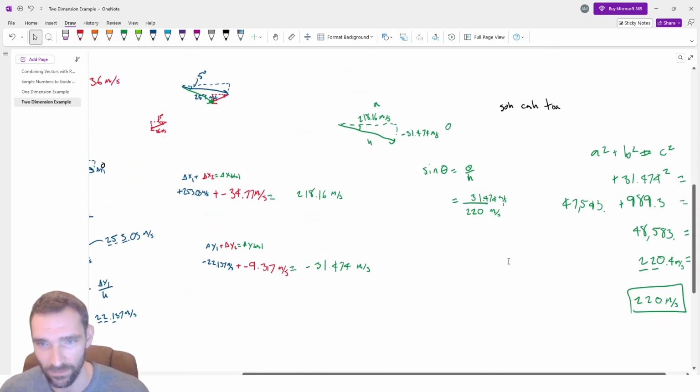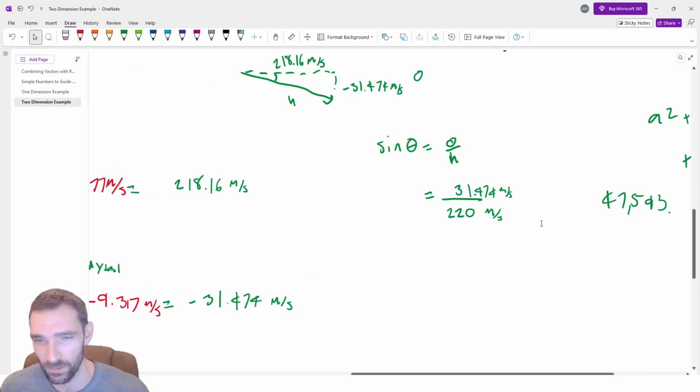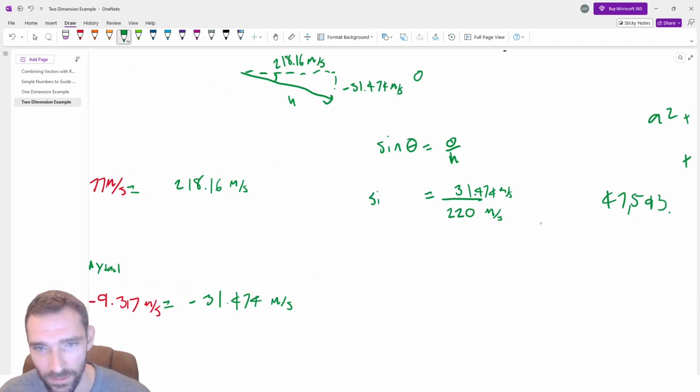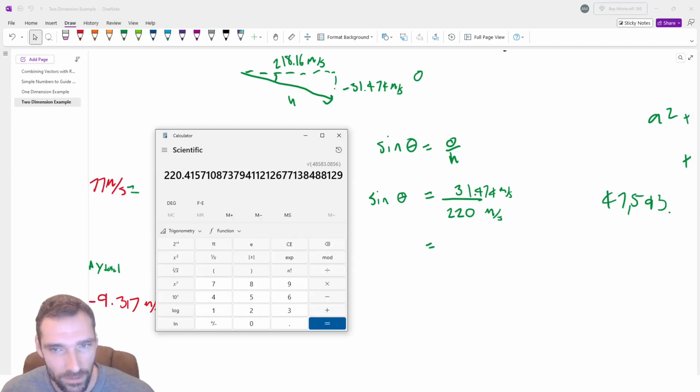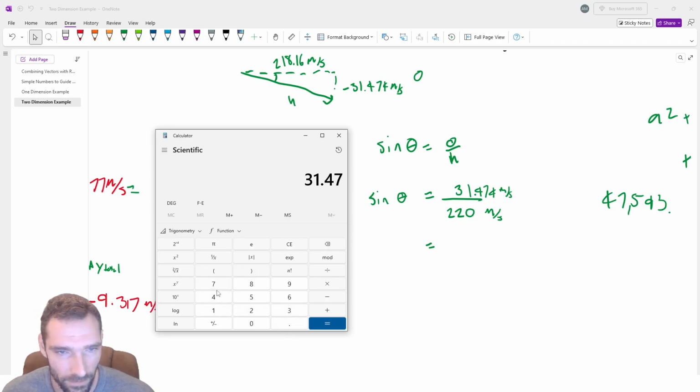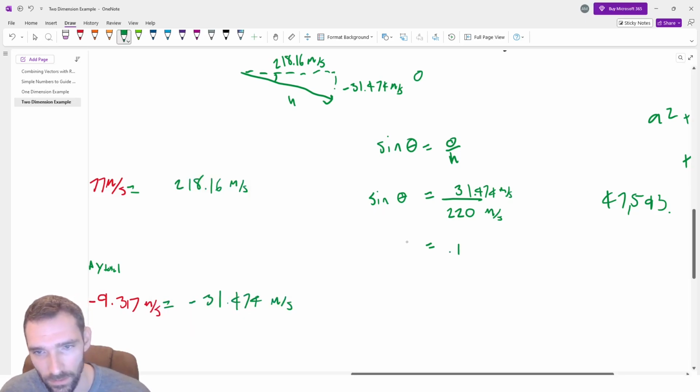And because they asked for it in the previous part, I'd feel comfortable using that as an actual number for this problem. So you just do a little calculation work. 31.474 divided by that 220 gives you a number of 0.143. That's equal to our sine theta.